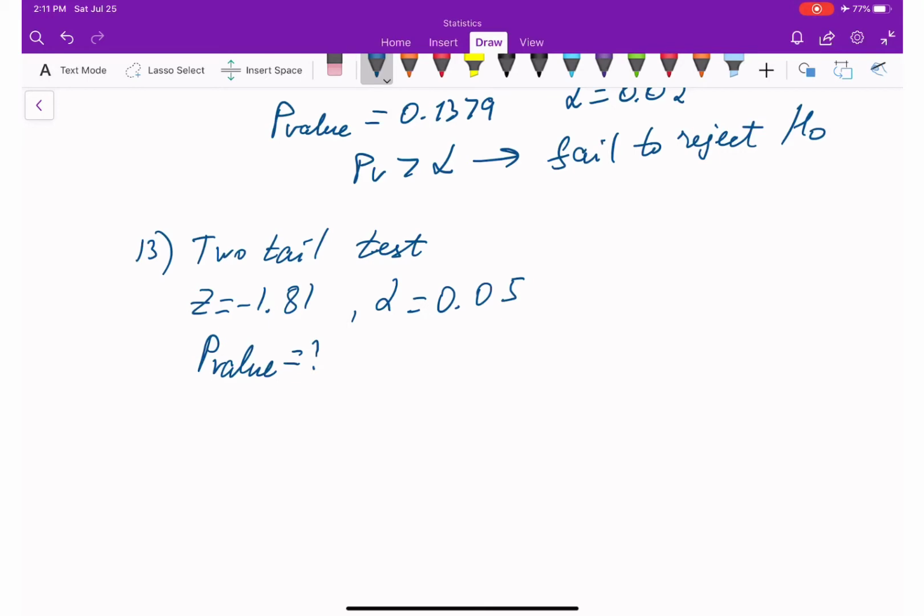Because we have a two-tail test, we need to find out if the test is to the right or to the left from the center. Well, let's figure it out. Our z-score is negative, right? That means it's a left one, correct?